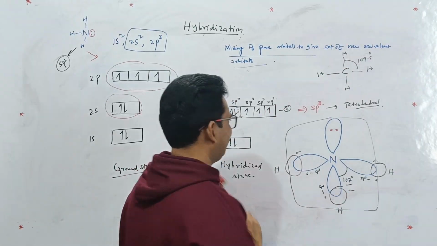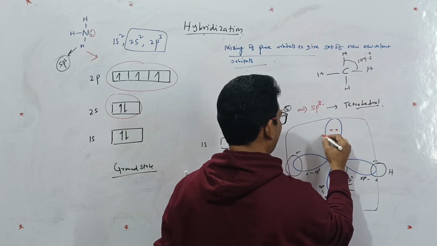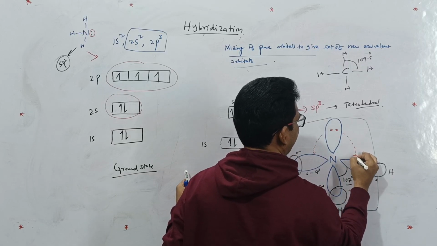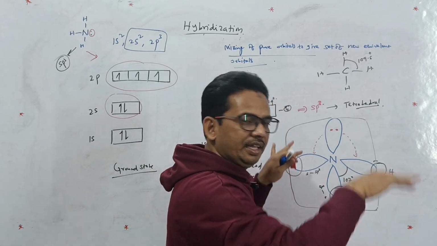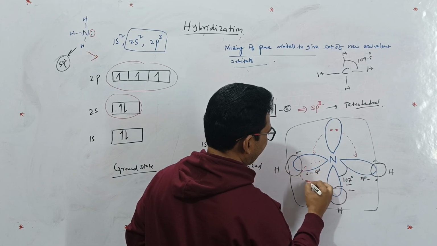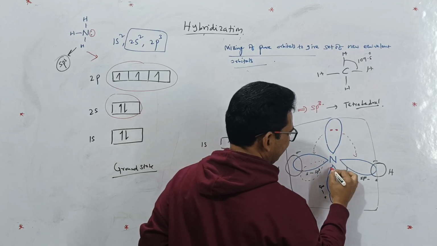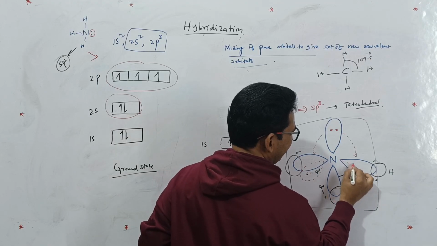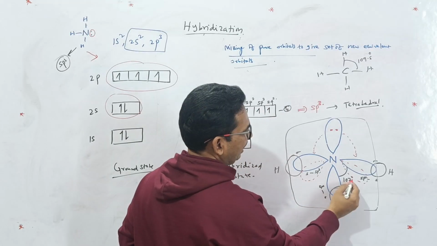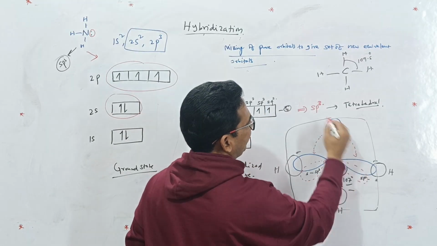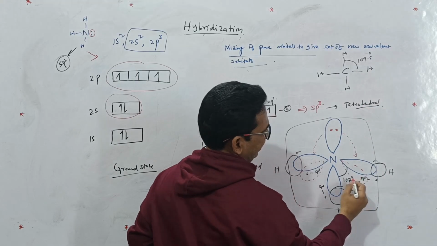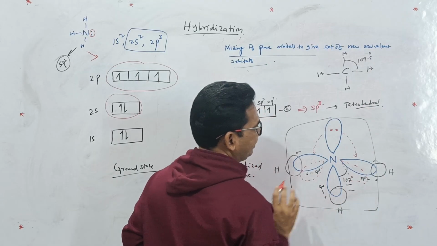Why? Whatever pair of electrons is there has an effect on the nearby orbitals. That's why they are pushing downside, meaning they are coming a little bit closer like this. Is it right? That's why the bond angle is reduced from 109 to 107.